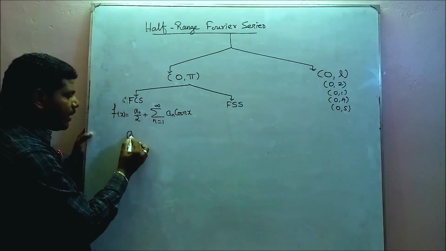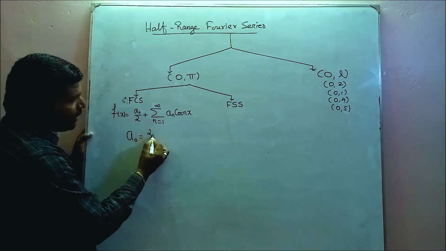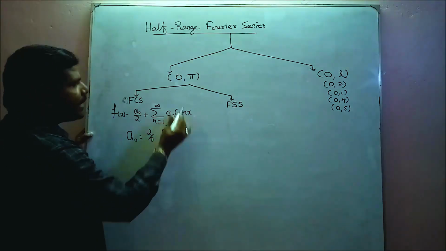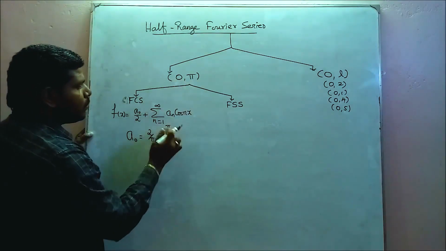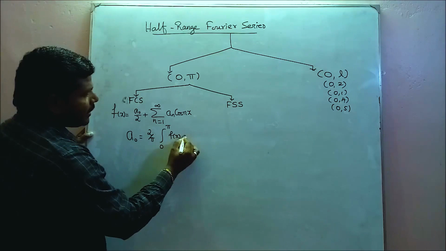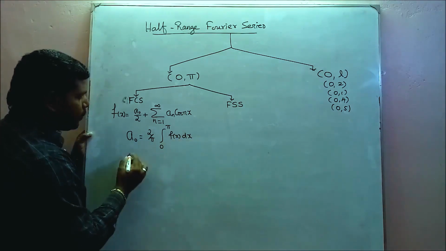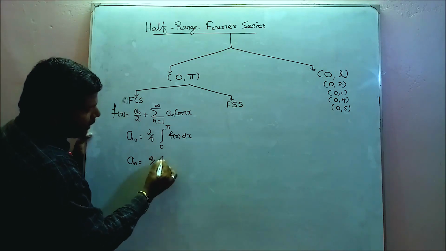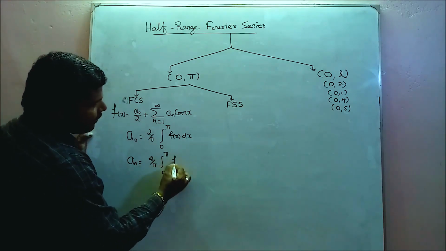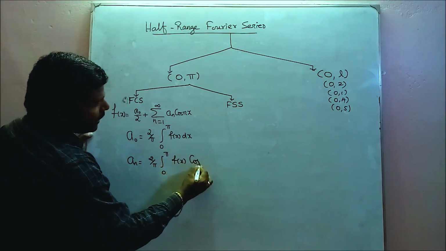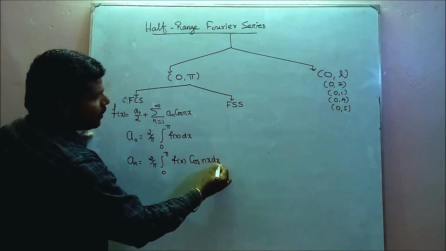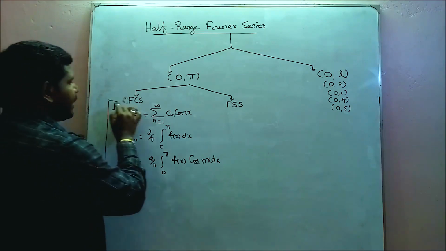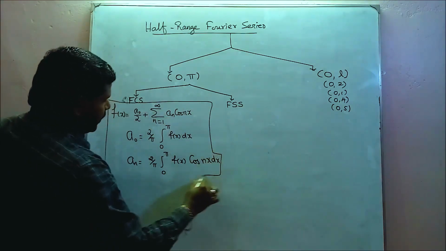Here a0 is 2 by pi integral 0 to pi f of x dx, where the range is 0 to pi. And an is 2 by pi integral 0 to pi f of x cos nx dx. So if they ask for the Fourier cosine series, you can write this formula first.